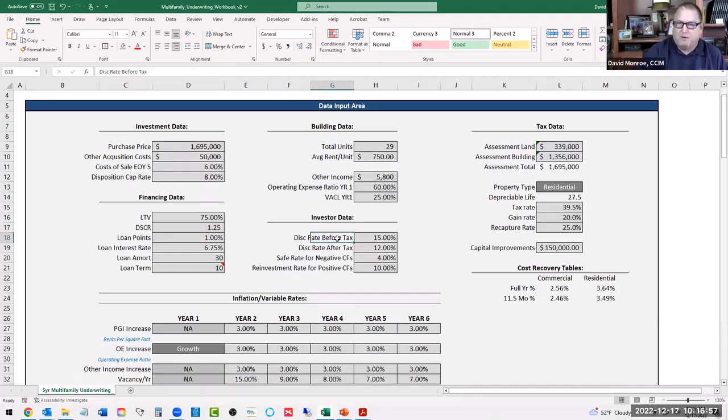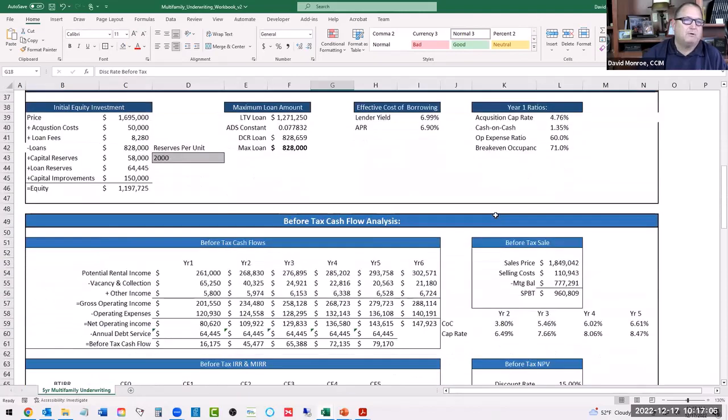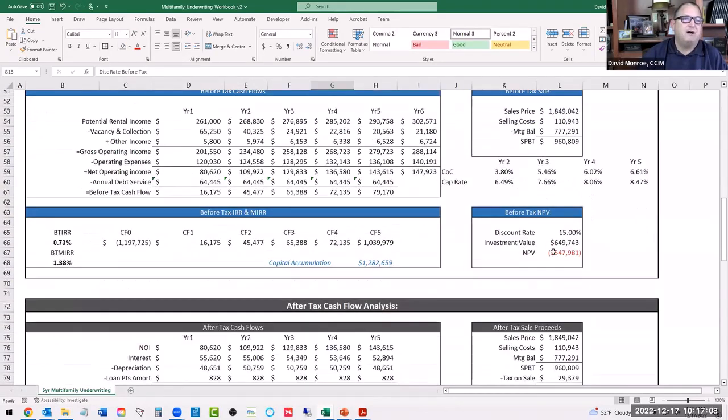So when your discount rate and your internal rate of return are the same, then your net present value is zero. You're going to see when we come down the model that net present value can either be negative or positive.